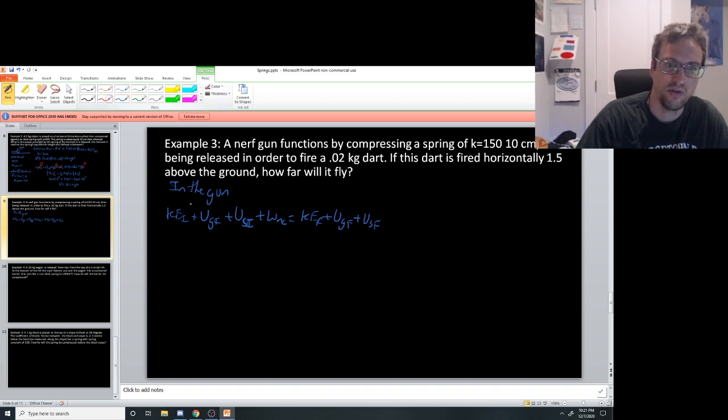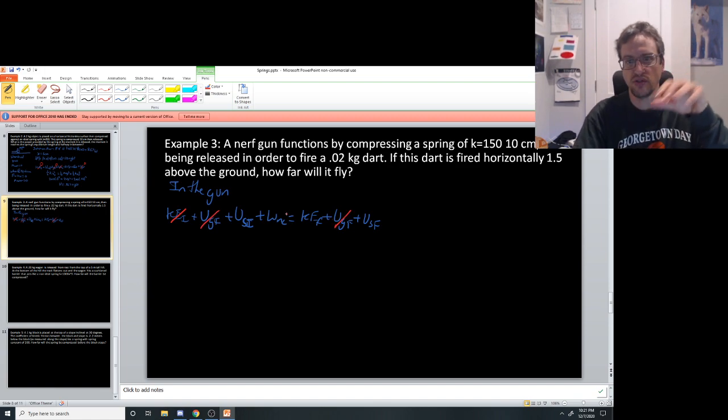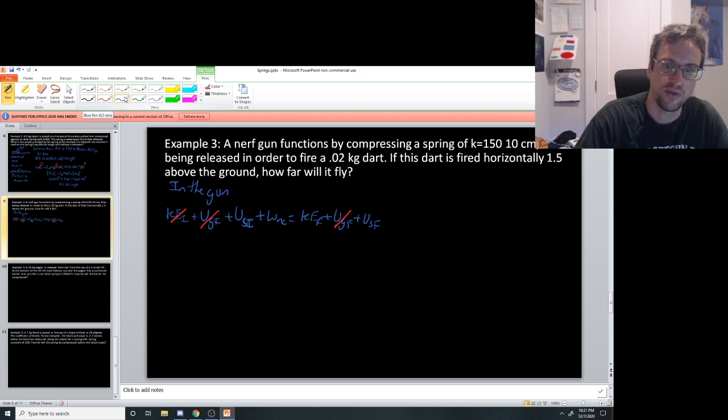Okay, again, no kinetic energy initial, it starts at rest. There's no change in height, right? The dart is fired horizontally, the barrel's horizontal. And no non-conservative work, and this is probably the worst assumption here. It's unlikely. Obviously, there's both air resistance and friction, and this object's light enough that both of those might matter. So that's a pretty bad approximation, but whatever.